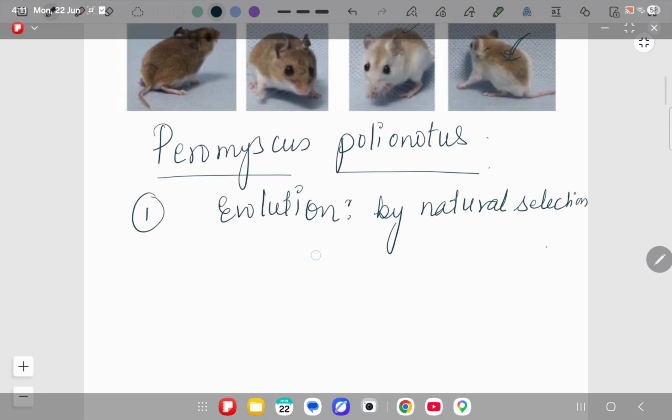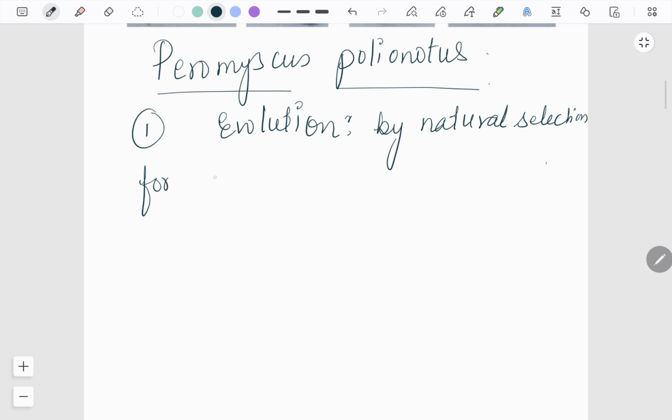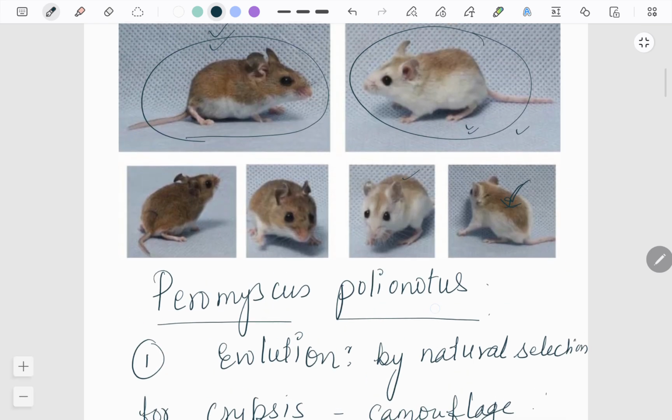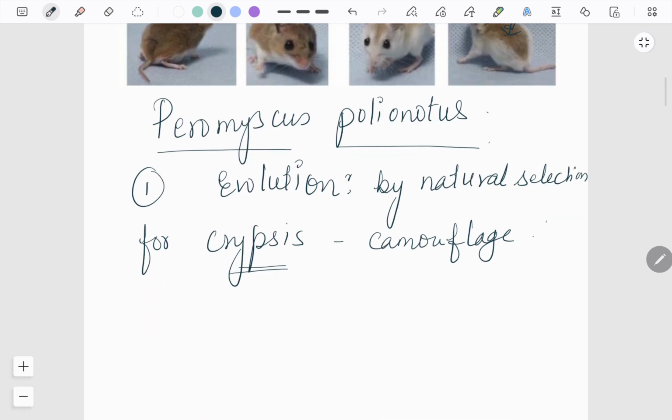Natural selection for crypsis is a type of camouflage. Camouflage are of different types, we can study them later. So it has to protect itself fully from predators, and this evolution has not occurred in one generation or two generations. It has occurred over countless generations, over long years ago.